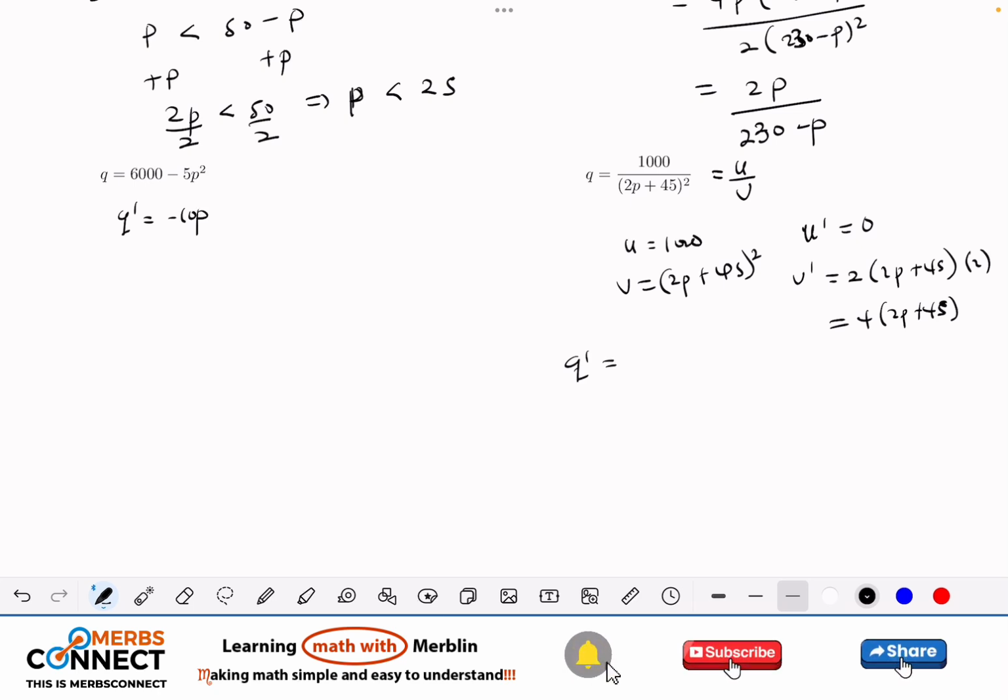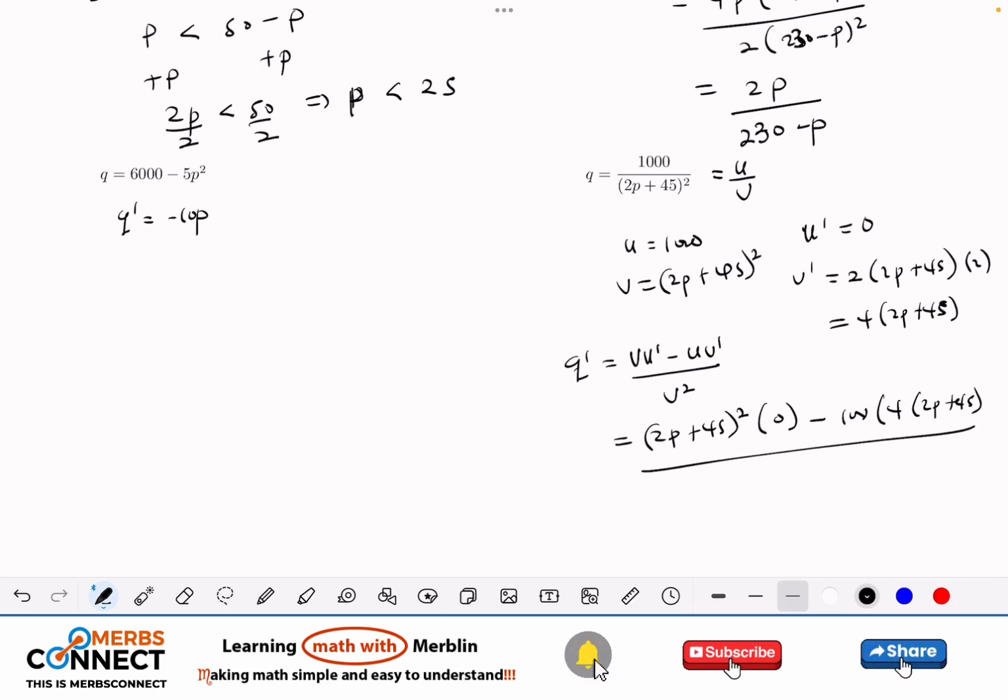So what will be Q prime? Q prime is V U prime minus U V prime, divided by V squared, right? So this is going to be, what is V? (2P plus 45) squared times 0 minus, what is U? 1000, and then what is V prime? 4 times (2P plus 45), all divided by ((2P plus 45) squared) all squared again.